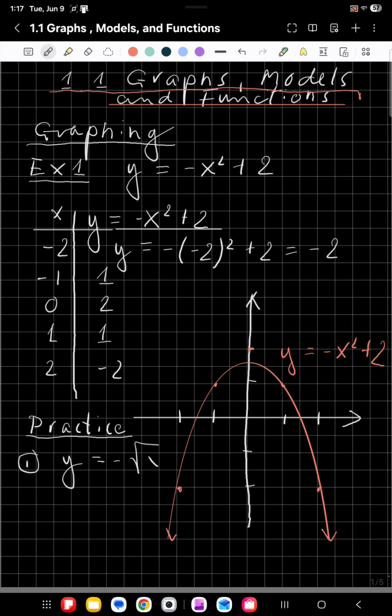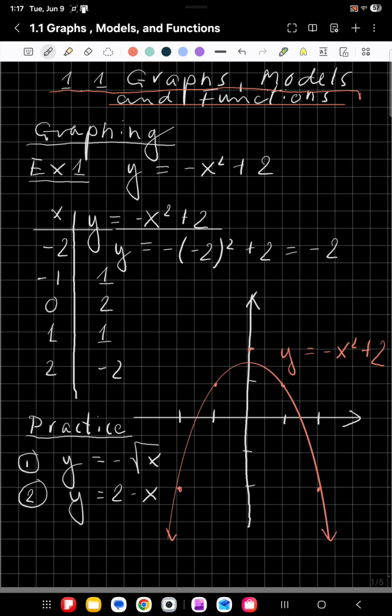The first one is y equals negative square root of x. And the second one is y equals 2 minus x, so it's just a straight line. Do something similar to what I did. Pick a couple x's, plot the points and graph it.